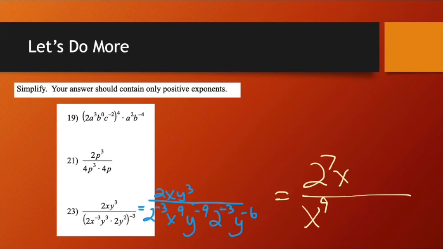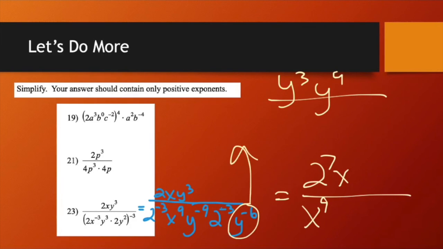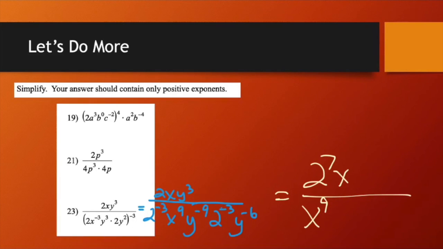Let's do the y's now. I have a y to the 3rd already there. This y to the 9 is coming up, and this y to the 6 is coming up. So I'll have a total of 6 plus 9 plus 3, which is 18. Y to the 18 on top. We've moved everything we can to the top that was negative, and so we are going to now reduce these.